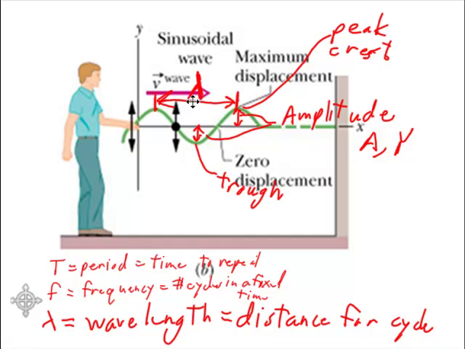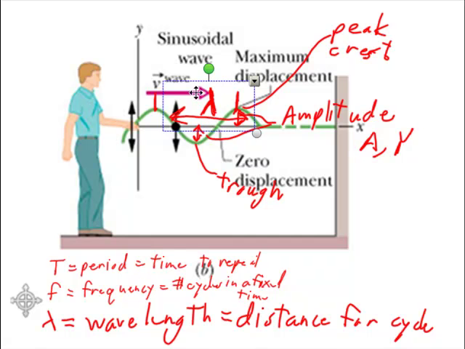Now, one thing to note about wavelength, it can be from peak to peak. It can also be from trough to trough. We don't have another trough here, but it would be the same distance. It can also be from the middle pointing up to the next place we have the middle pointing up, or from middle sloping down to the next place we have the middle sloping down, or from halfway up sloping up to halfway up sloping up, or halfway up sloping down to halfway up sloping down.